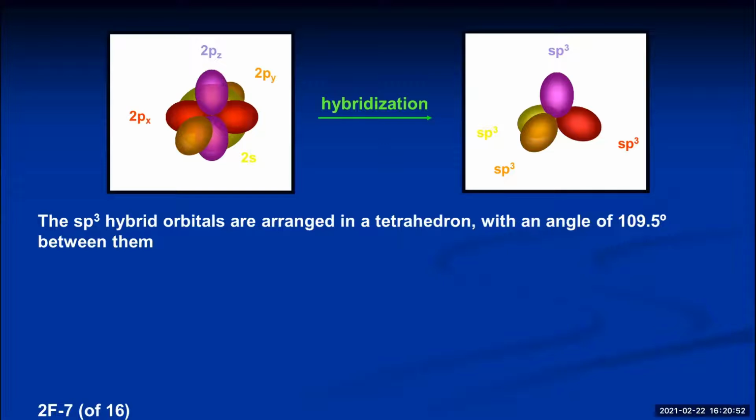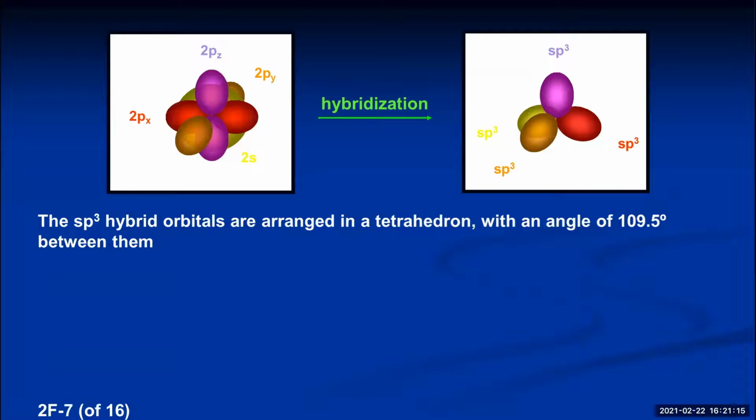These are still the orbitals just in the outer shell of an oxygen. We haven't made any molecules yet. The atomic orbitals, the 2s, 2px, 2py, and 2pz can change into the atomic orbitals sp3, sp3, sp3, and sp3, but they're arranged in a tetrahedron with an angle of 109.5 degrees between them.